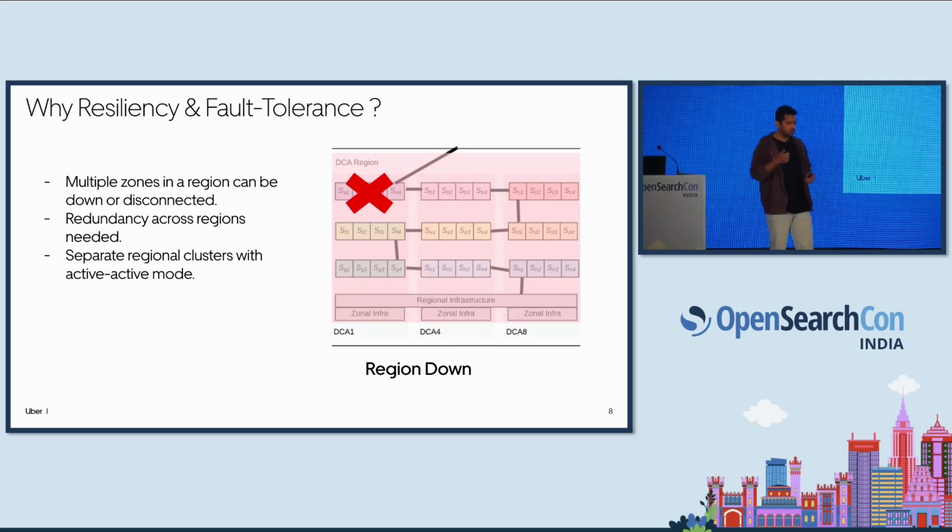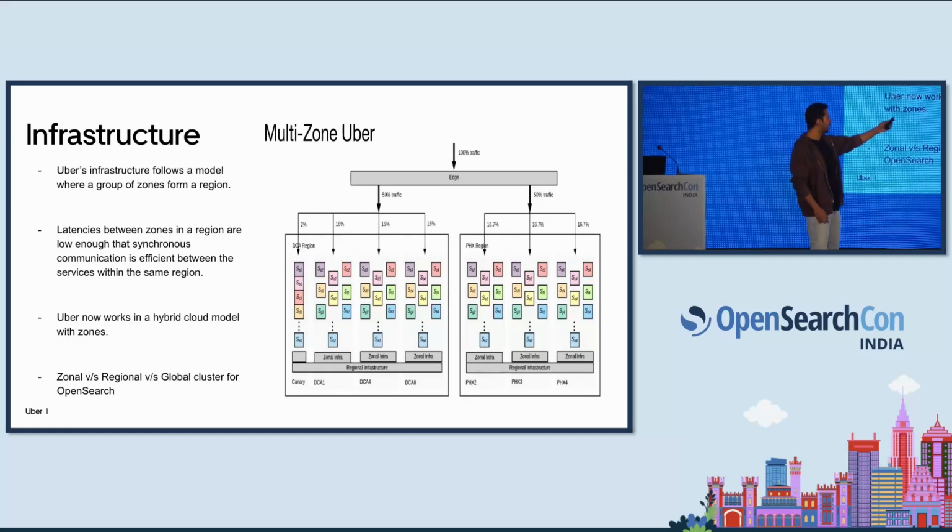Now your region could be down because multiple zones in a region could be down or disconnected, or it could be a bad deployment that is trying to affect a whole region, which means that when you're dealing with regional infrastructure, you need to make sure that you have enough redundancy across both regions so that in case of a regional failure, you can actually shift both your indexing and search traffic from one region to the other, right?